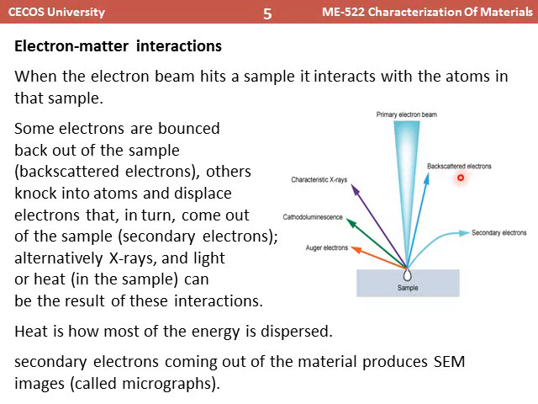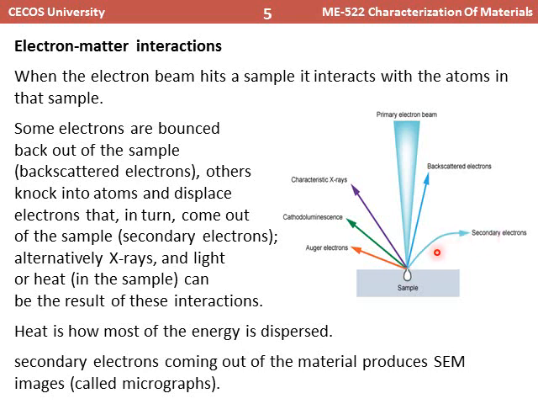I will repeat it again. The backscattered electrons are the electrons which are very much similar to the beam of electrons which hit the surface of the sample, and they are deflected back. Whereas the secondary electrons are the electrons of the atoms of the surface of the sample.